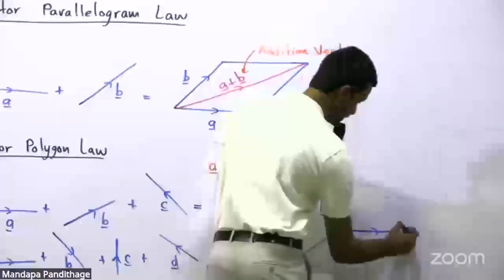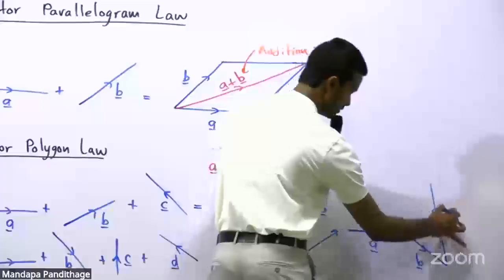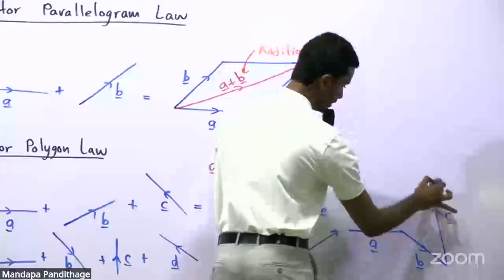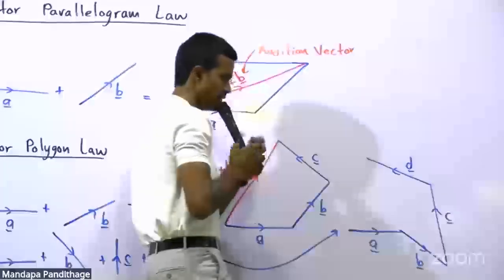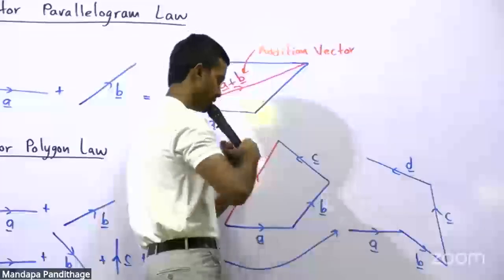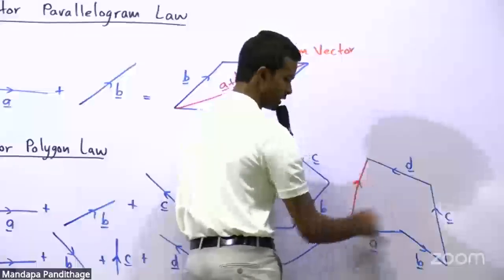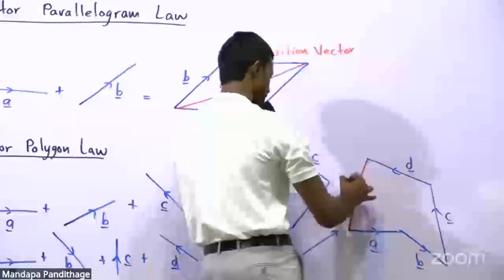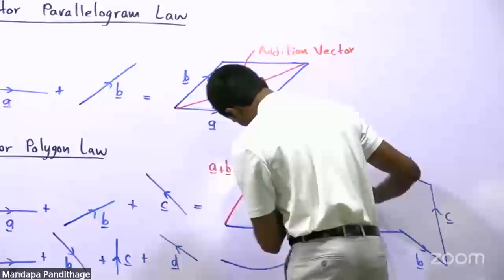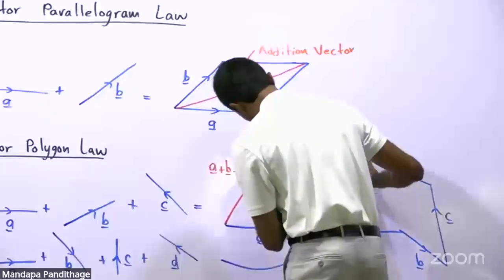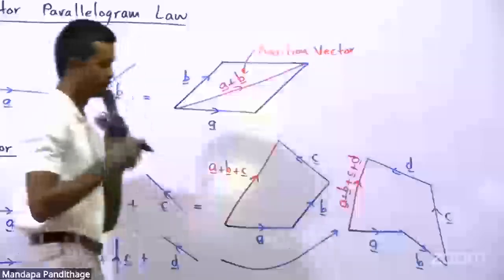The vector which connects the starting point and the end point gives you the addition of all these vectors, A, B, C, and D. So this vector is A plus B plus C plus D.